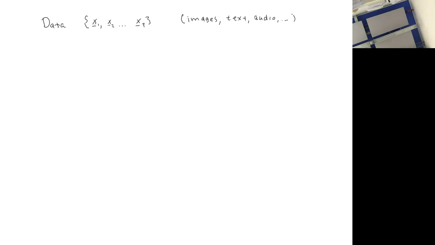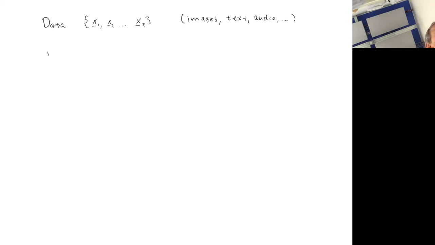So we have x1, x2, up to xp. These could be images. They could be text. They could be anything. Audio. You have a bunch of images and you want to model them.